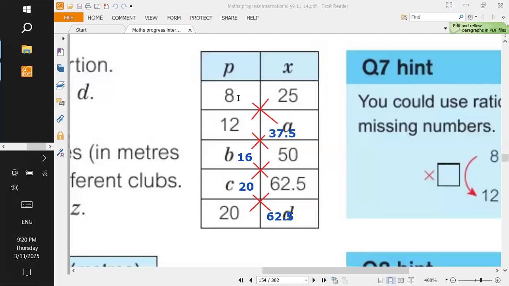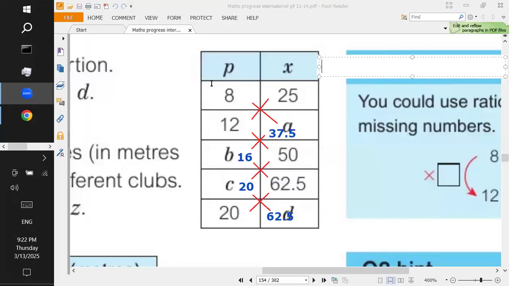I got 16. And then 16 times 62.5, divided by 50, which is 20. And if this one is 20, it's the same. Now, same idea with all of them, and this is how you answer a question regarding direct proportion.